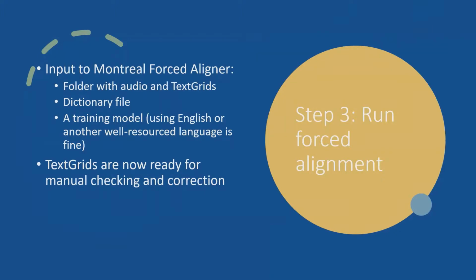And if you use English or another well-resourced language as your training model, there may be slightly more manual correction that you need, but it's really not a huge addition to the amount of time that you will spend checking the alignments after the fact. And so once you run the alignment, everything works out great. Your TextGrids are ready for manual checking and correction.